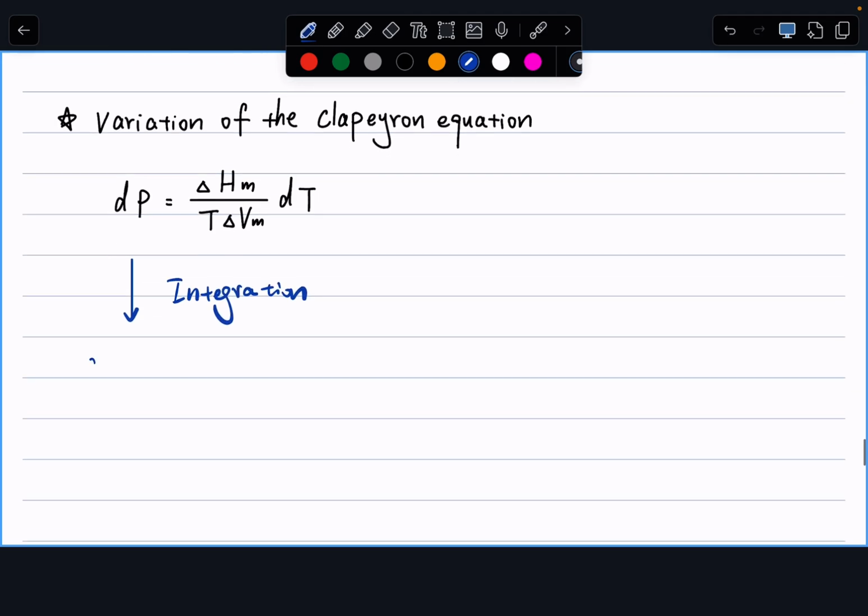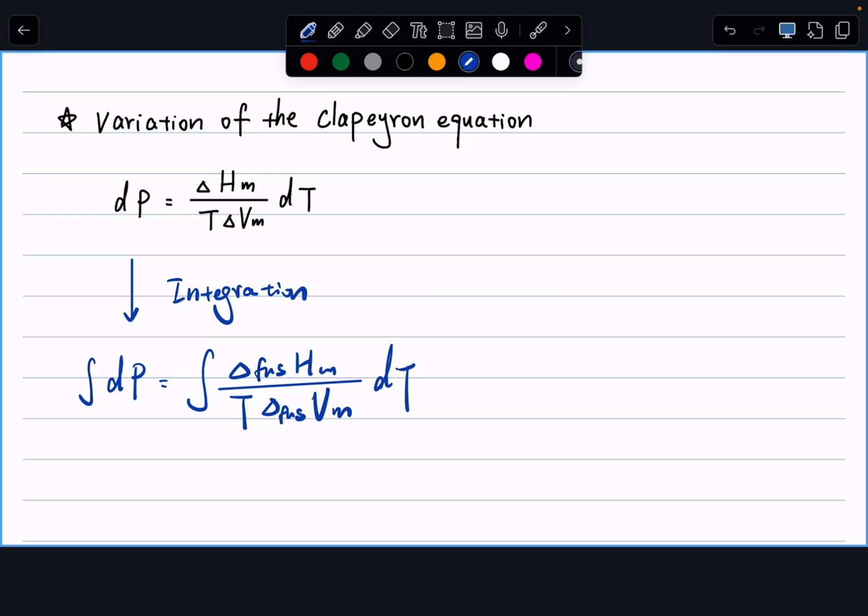And on the left-hand side, that becomes the integration of dP, equal to the integral of delta H. Now it's solid-liquid equilibrium or phase transfer, so that's melting or fusion. Or I should write delta fusion H divided by temperature delta fusion Vm dT.